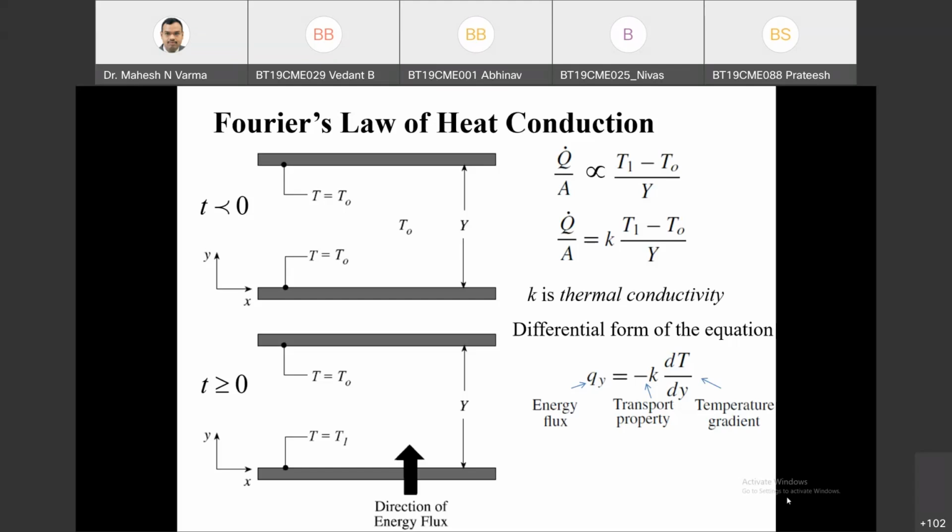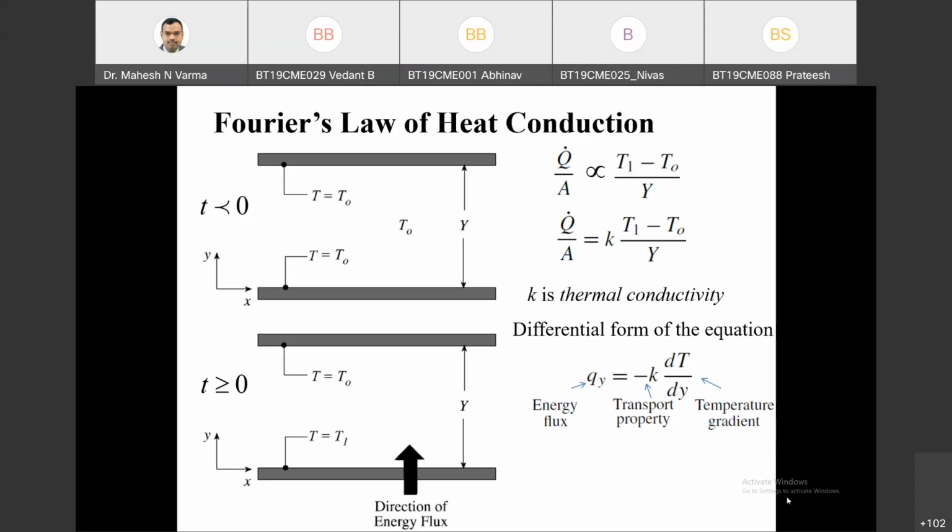Roll number 1, Abhinav, why is there a negative sign here in Fourier law of heat conduction and also in Fick's law of diffusion? Sir, the flux is a positive quantity, and the temperature gradient and the velocity gradient are negative, because with increase in y, there is a decrease in temperature here and in velocity in Newton's law of viscosity.